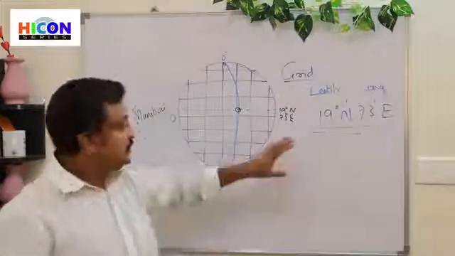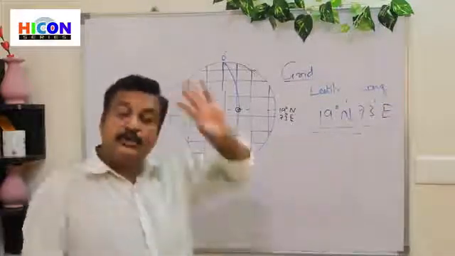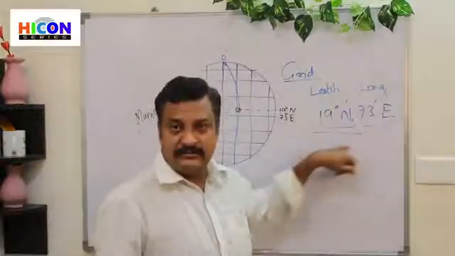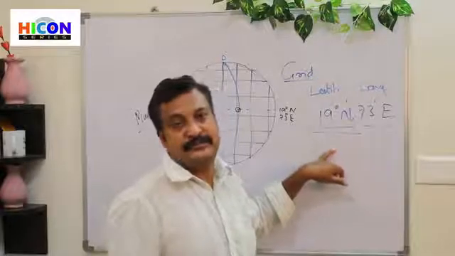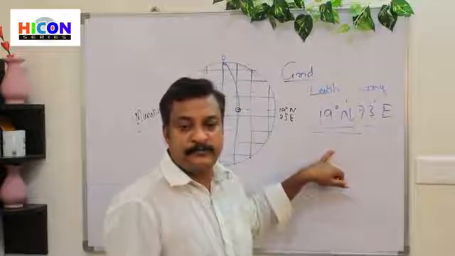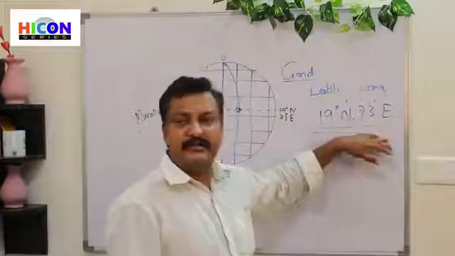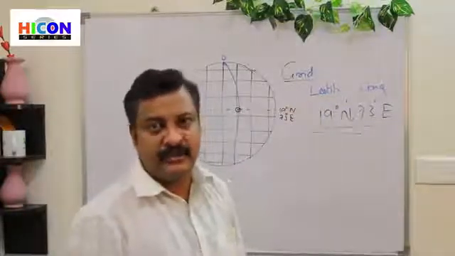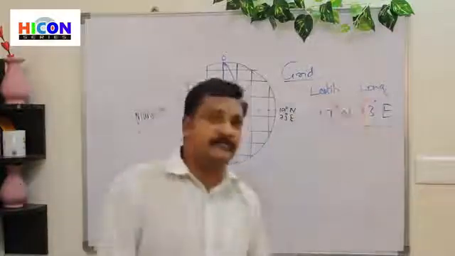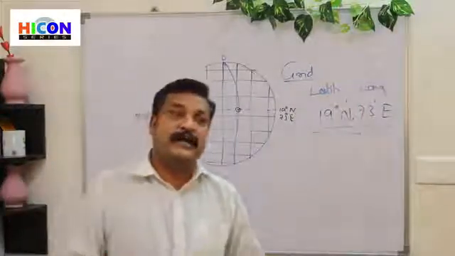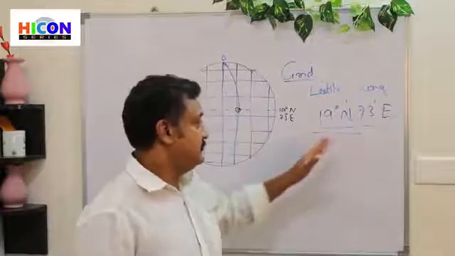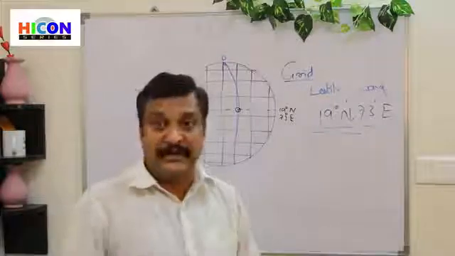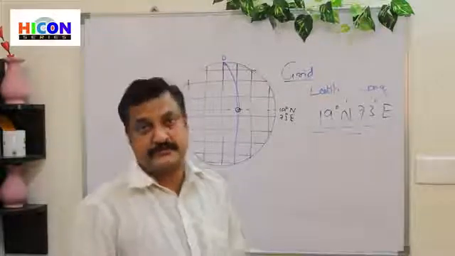There is no other place in this world which can come on this particular latitude-longitude combination. Right? So this grid system formed by the latitudes and longitudes helps us easily identify the location of different places.